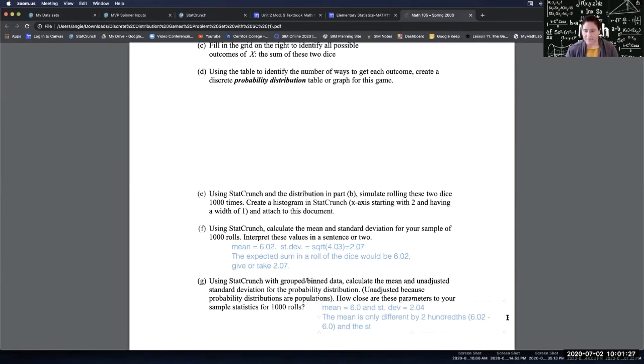Come on. There it is. The standard deviation differs by 3/100ths. So we're pretty darn close to what we would expect. 2.04.